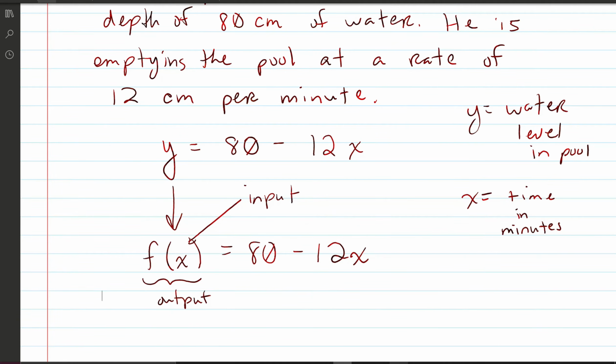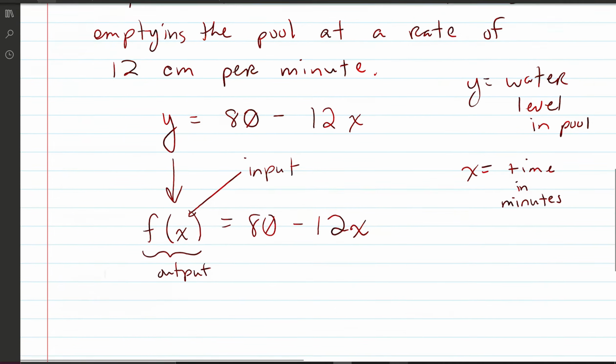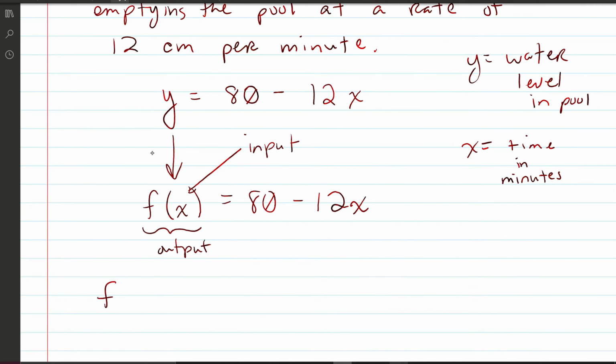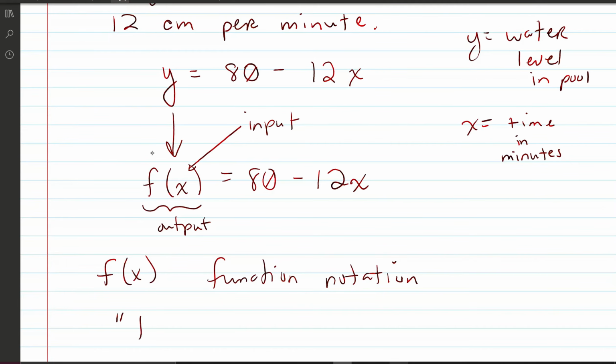So we had written this as a two-variable problem, and now we rewrote it using function notation. Function notation. So be sure to understand that this is not a multiplication. It's not f times x. It's function notation. In function notation, we read this a certain way. We say f of x.